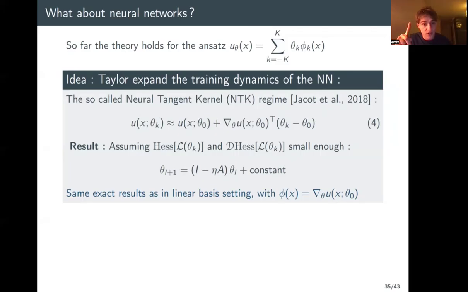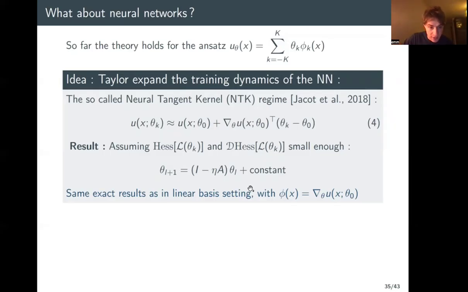And then in the same exact way, we can write down the evolution of the parameters, which behaves linearly: our theta l plus 1 is computed from our theta l times some matrix. And in this matrix we have this A matrix popping up again.